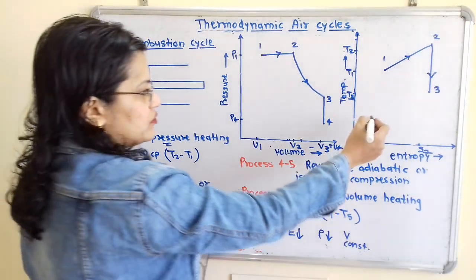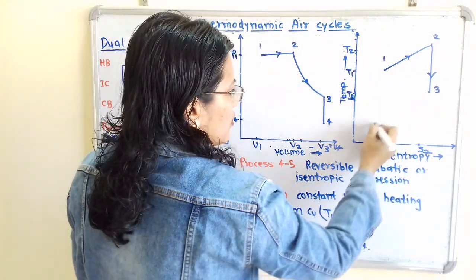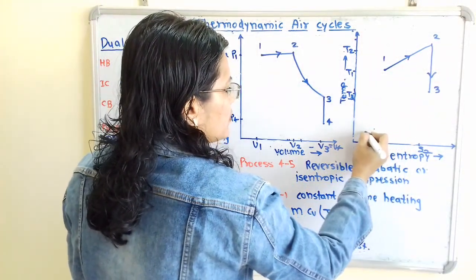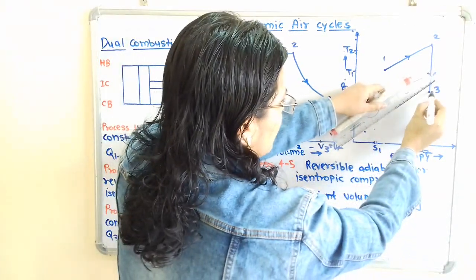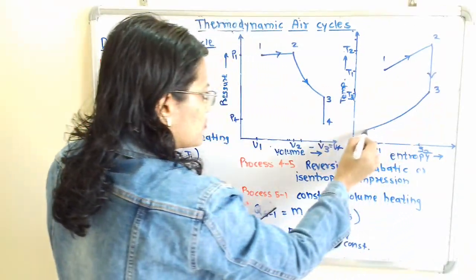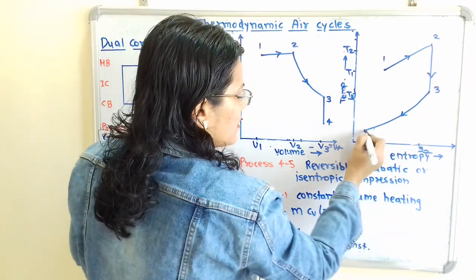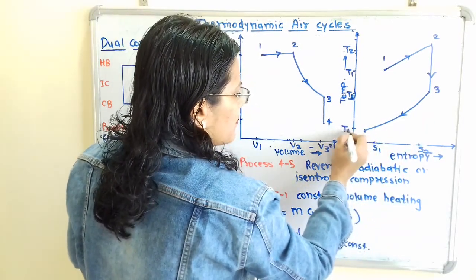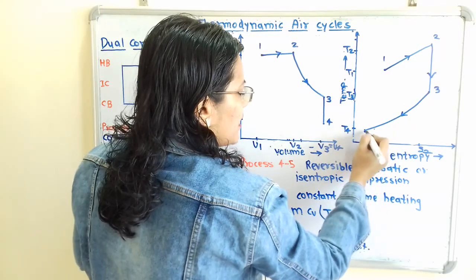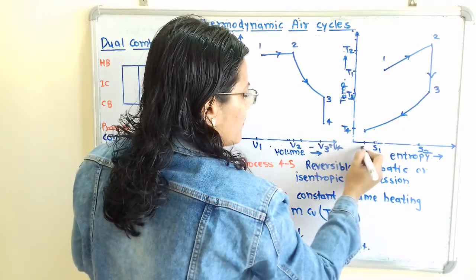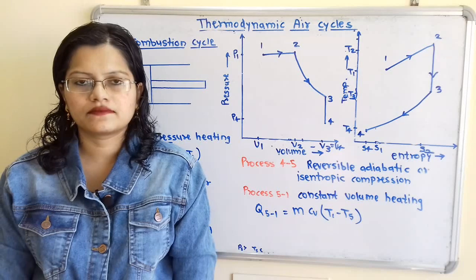So point 4 should be below this. So we will show here the point 4. If I plot here the point 4, then here will be the temperature T4 and its entropy is getting decreased. So I will show here this S4.